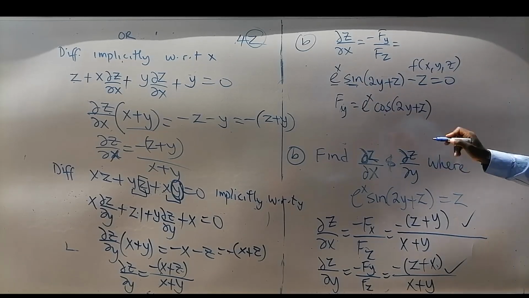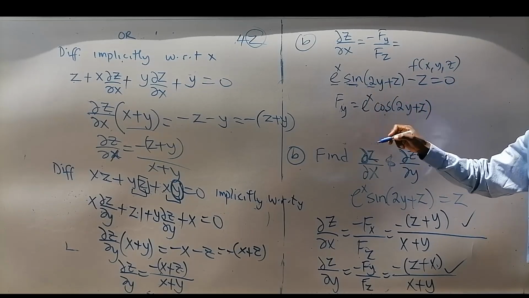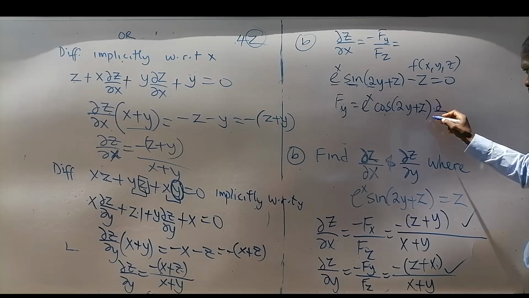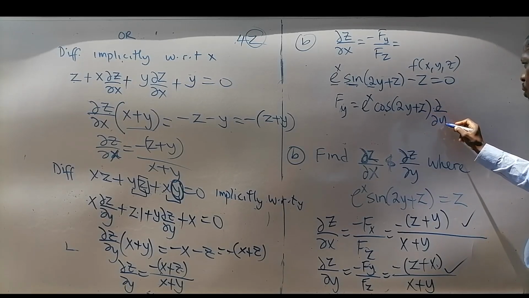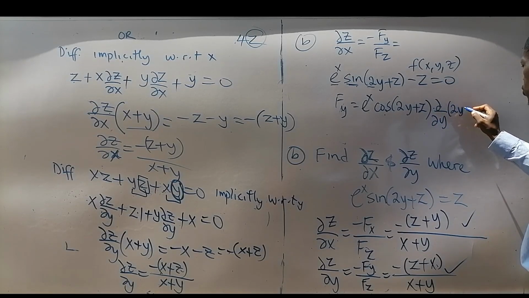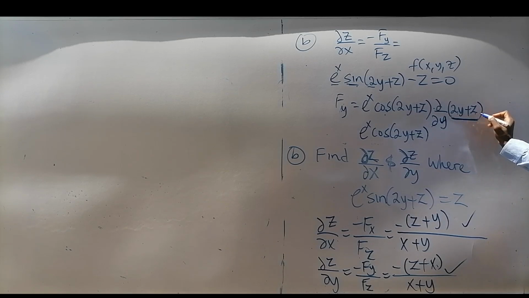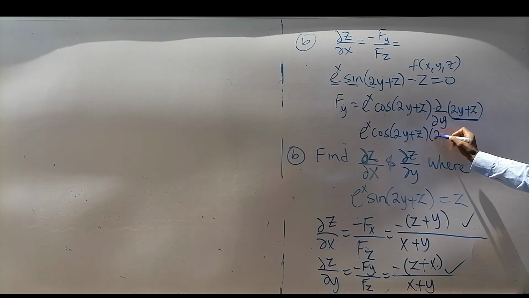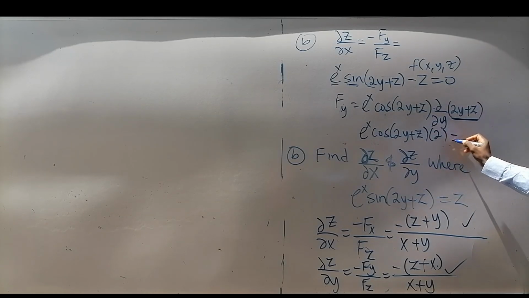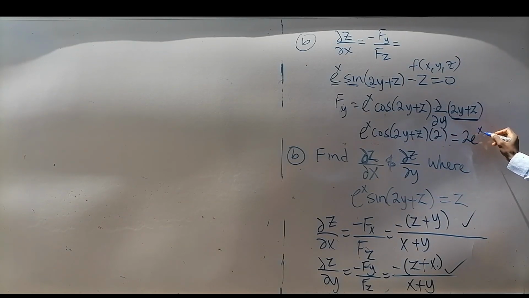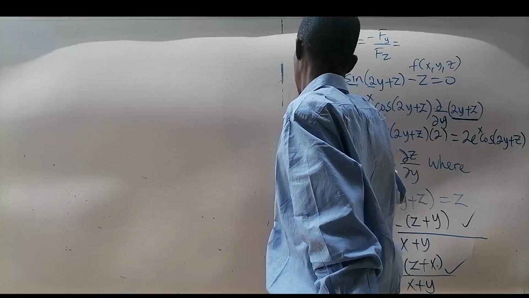One thing you are going to do here, this involves a chain rule. So times del y of that composite function, especially the inner function with respect to y, and that's what? That's 2. And that gives us what? 2 times this. That's what we have for the f subscript y.